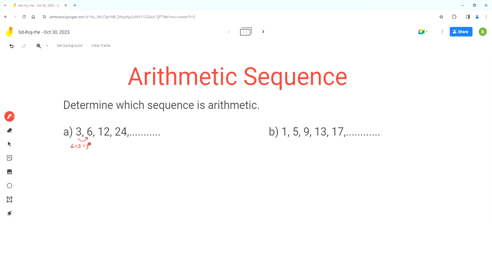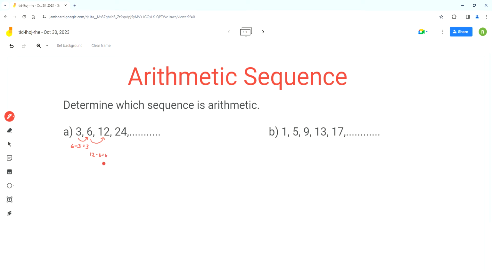So the difference between the first and the second terms is 3. Now we calculate the difference between the second and the third terms. To calculate the difference, we do 12 minus 6, which is equal to 6.